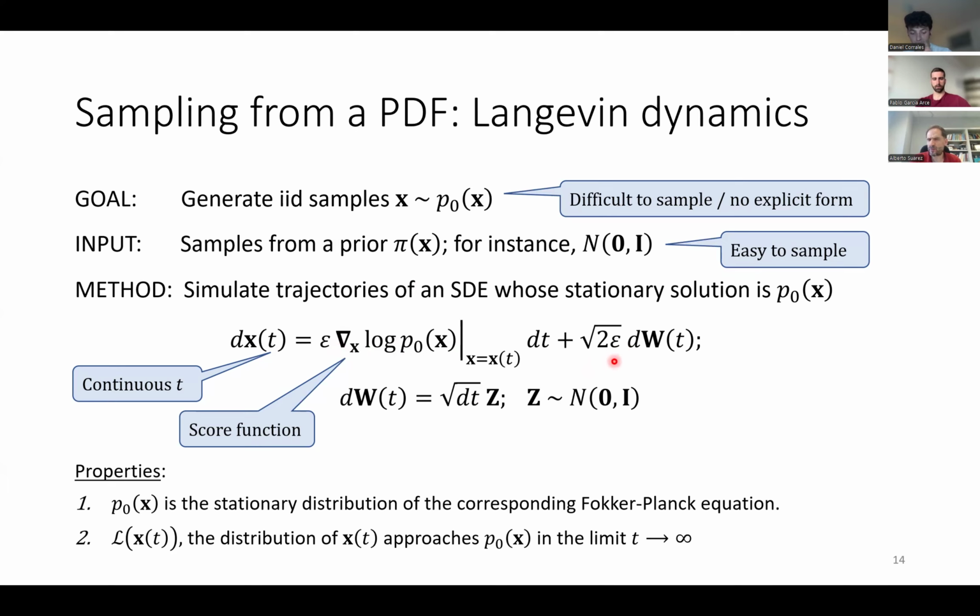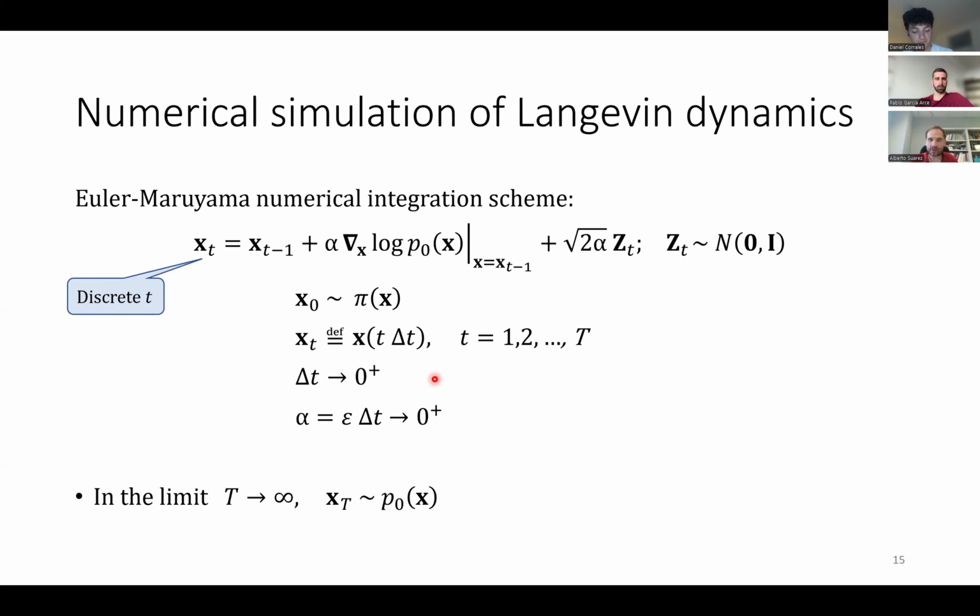In physics or statistical physics, this is called the fluctuation dissipation theorem. Okay, so epsilon really is a parameter that has to do with how well you can numerically actually sample from that limiting distribution, which is the one that you're interested to sample from. Okay, so that's Langevin dynamics.